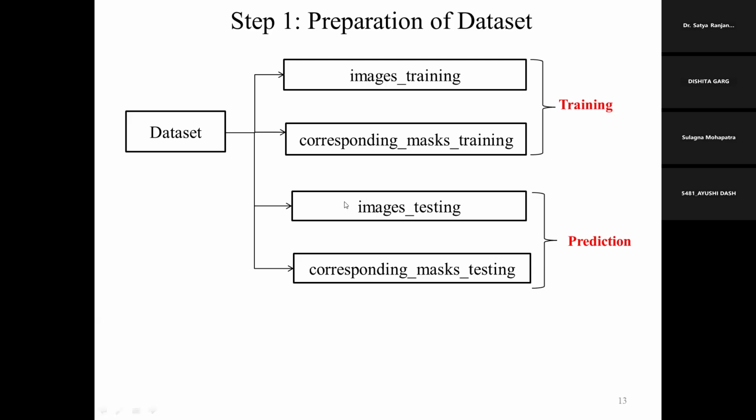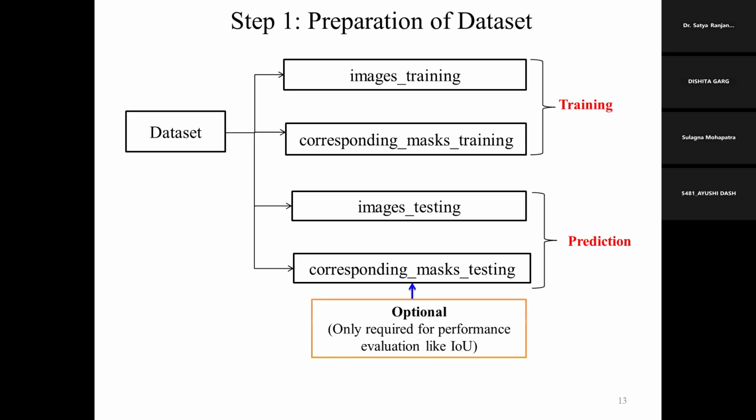Even if you give only the image, that is also fine. But for training, we need the training images and the corresponding mask, so the machine can learn the segmentation parameters from them. That's why, as I mentioned, the testing mask is optional and only required for performance evaluation.